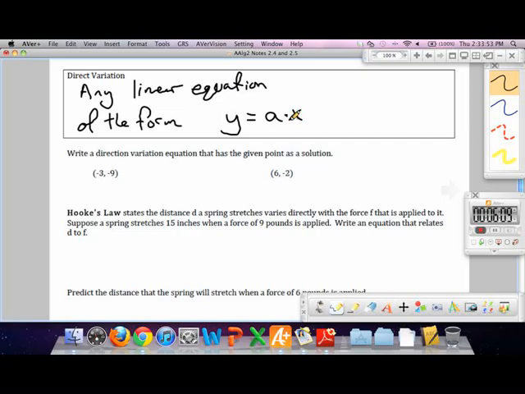So if a is equal to 3, then what would be the equation of this direct variation line? Y equals 3x.